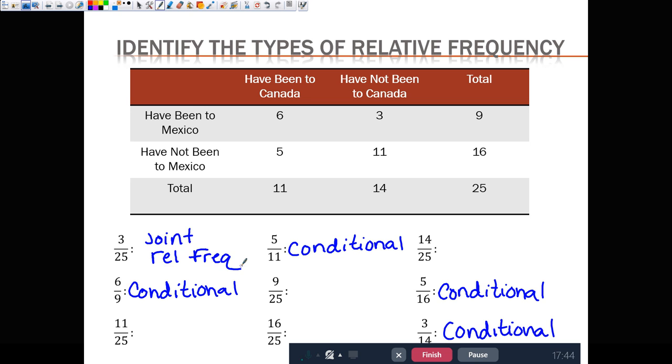How about 14 over 25? Okay, so we have 14 over 25, which would be a marginal, okay, because it's in the margins. Okay, 9 over 25, marginal, it's in the margins.